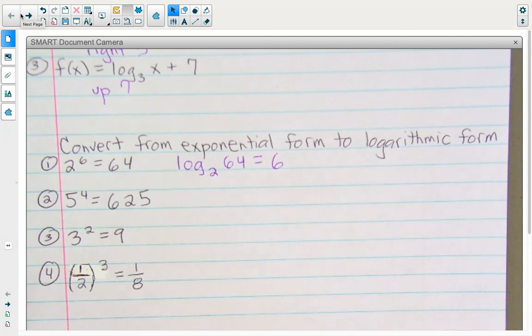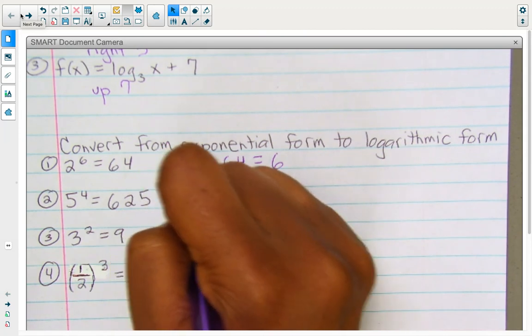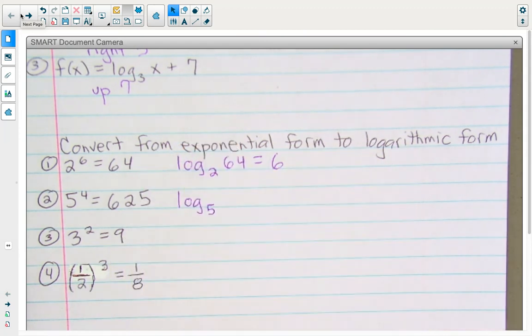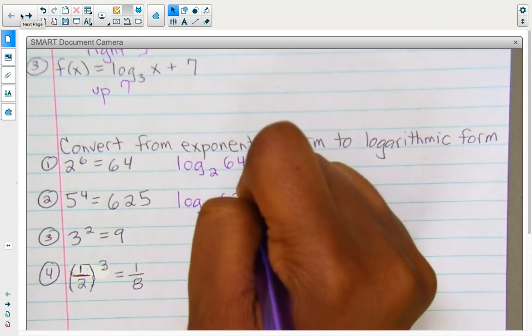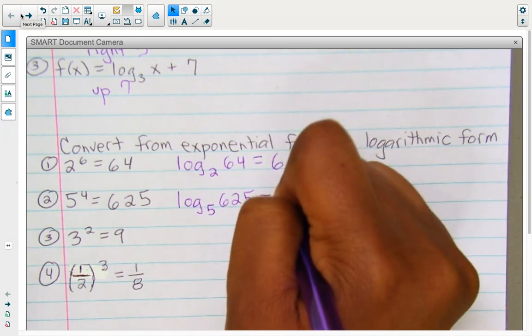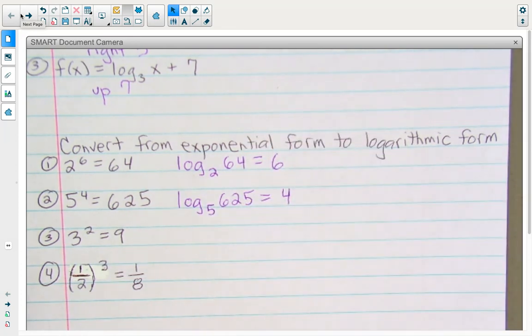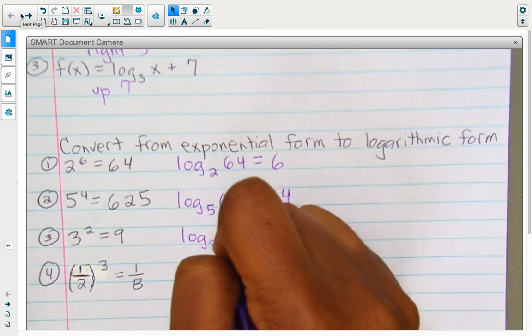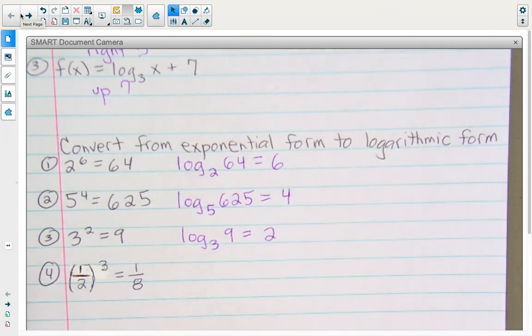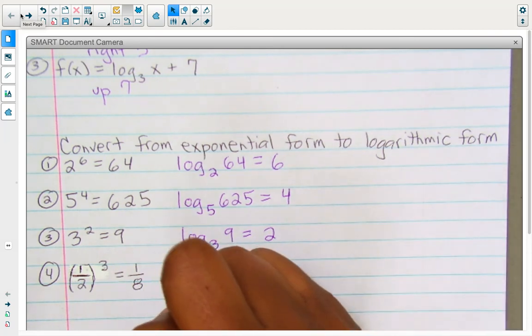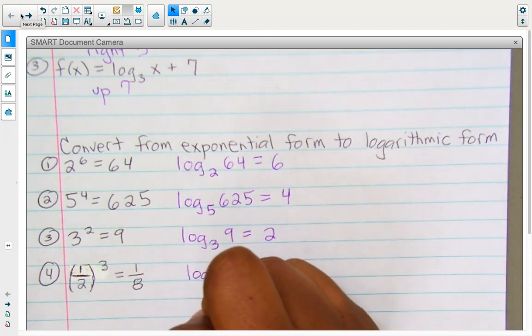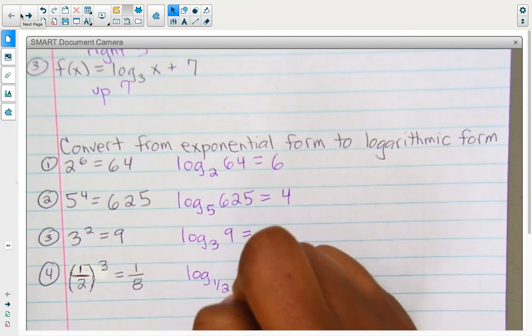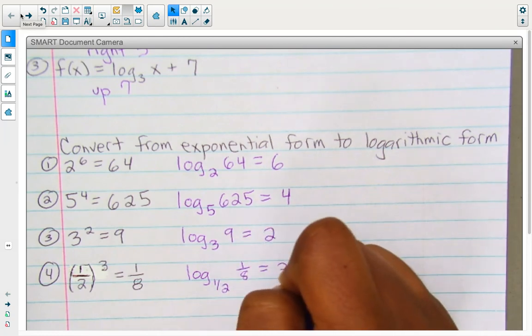Let's try another one. 5 to the 4th equals 625. This one would be log base 5 of 625 is equal to 4. The next one would be log base 3 of 9 is equal to 2. And the last one would be log base a half of 1/8 is equal to 3.